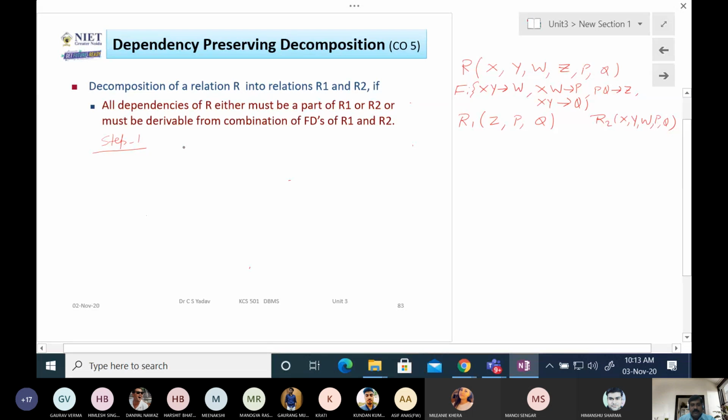So according to step 1 of the algorithm, we will draw a two-dimensional matrix in which the number of rows is 2 and the number of columns is 6.